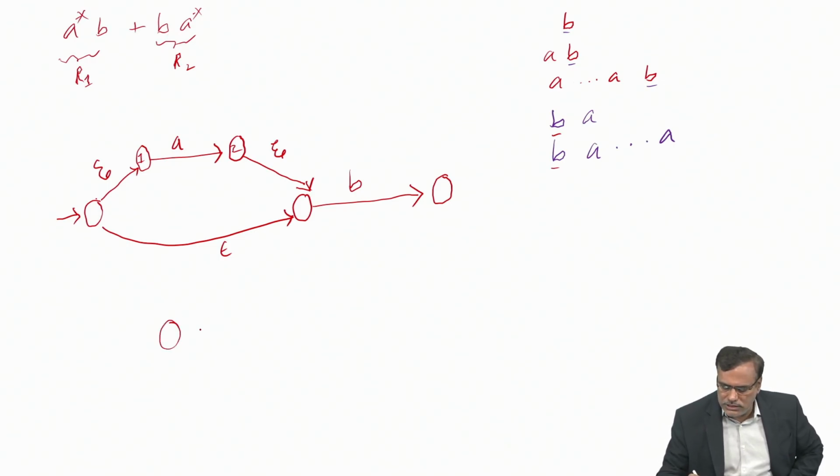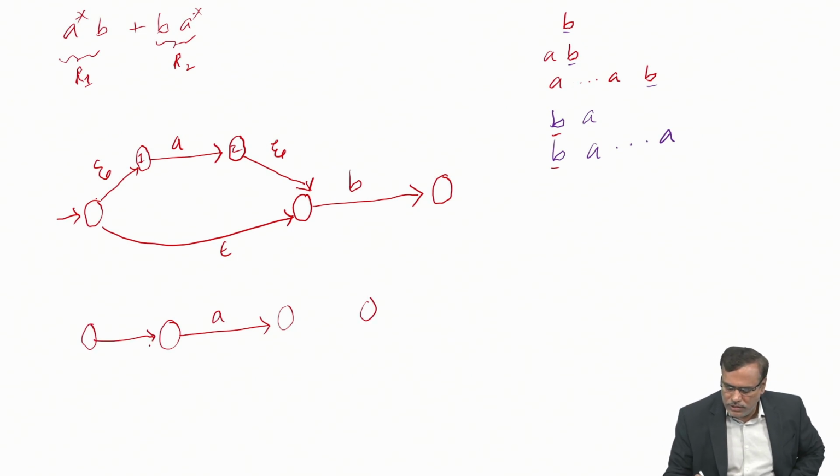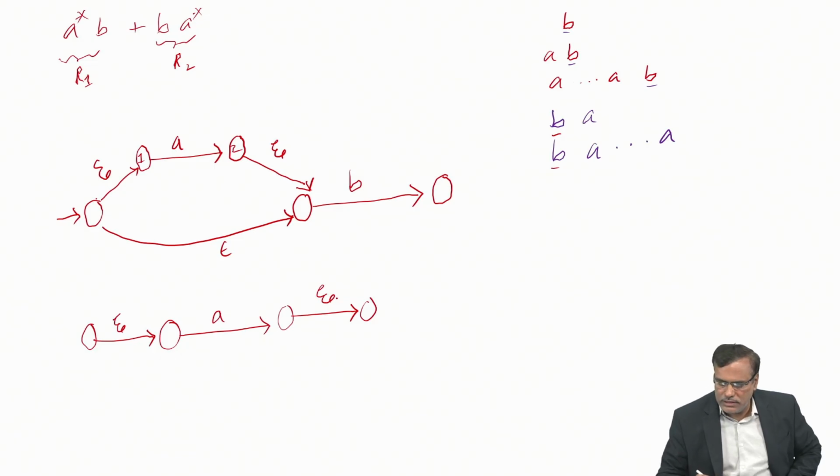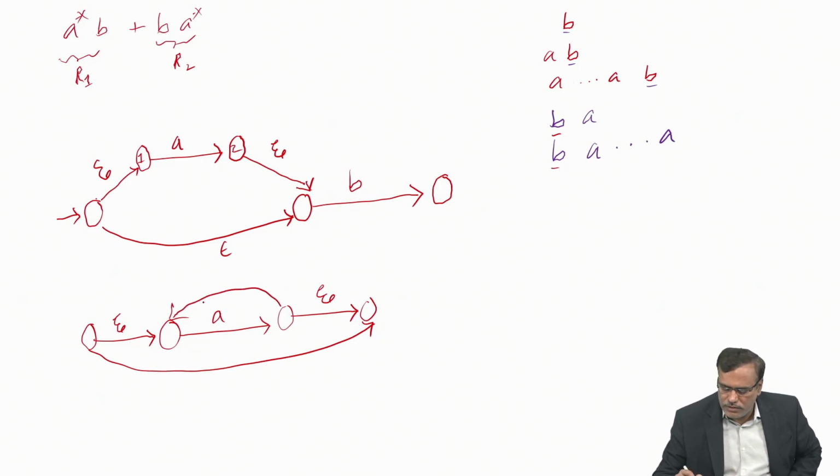So this is A. For A star, you have to take new start and final states and make connections from the previous ones to the new ones with epsilon transitions, and a direct transition from the new start state to the new final state, and also from the old final state to the old start state on epsilon. This is the A star part.